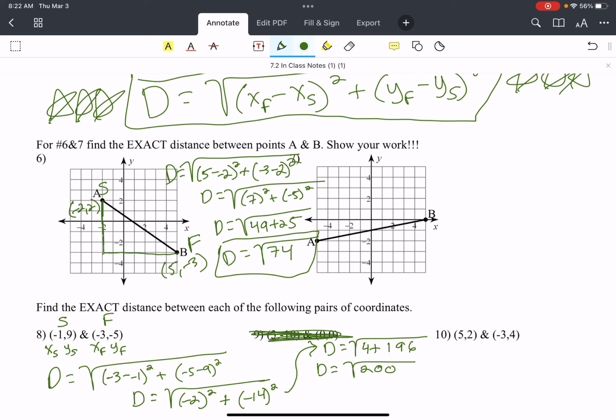Yeah, okay. Is the square root of 200 a perfect square? No? So I need to make a factor tree. Tell me two numbers that go into it. Okay, great. 2 and 100. Then maybe I could go by 2 again. 2 and 50. Well, if it's not broke, don't fix it. 2 again. 2 and 25. 5 and 5.